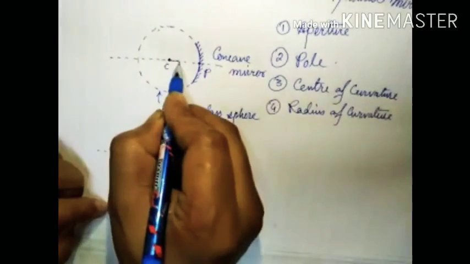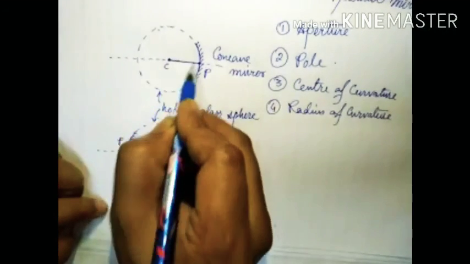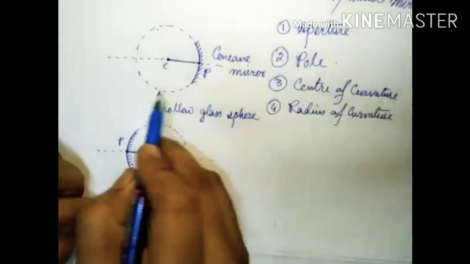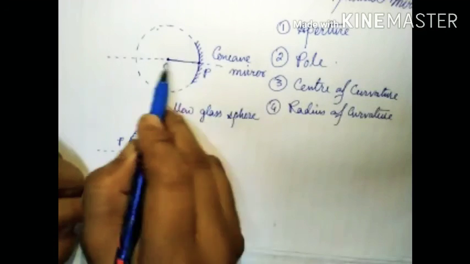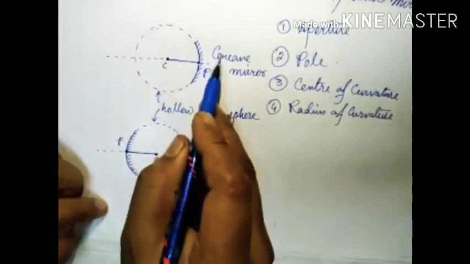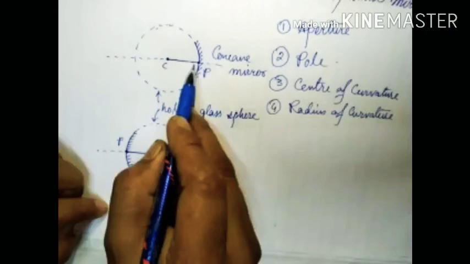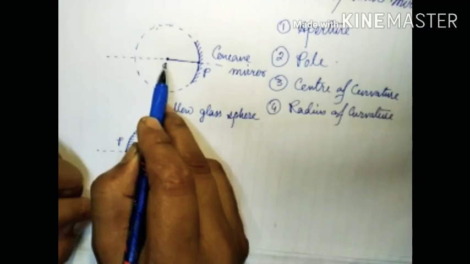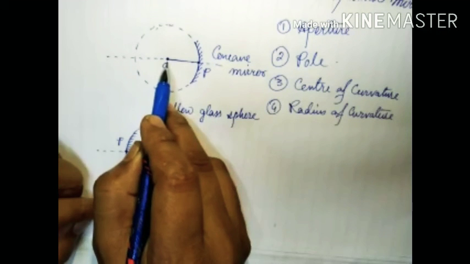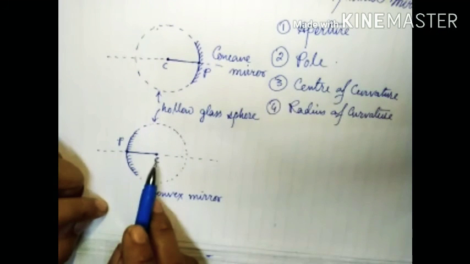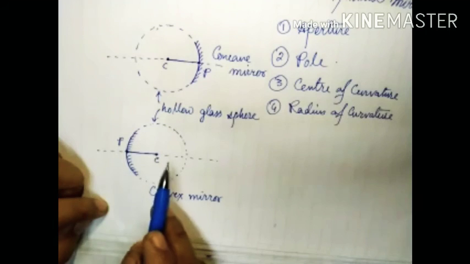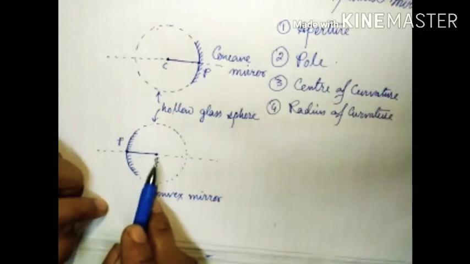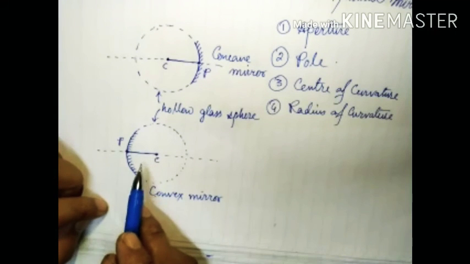Here also similarly, if we join the center of curvature and the pole, we get a distance which is nothing but the radius of this hollow sphere. This is the radius of curvature of this concave mirror. So for a concave mirror, the radius of curvature is in front of the mirror, as the center of curvature is in front of the mirror. For a convex mirror, the center of curvature is on the back side of the mirror, so the radius of curvature will also be measured from the back side of the mirror.